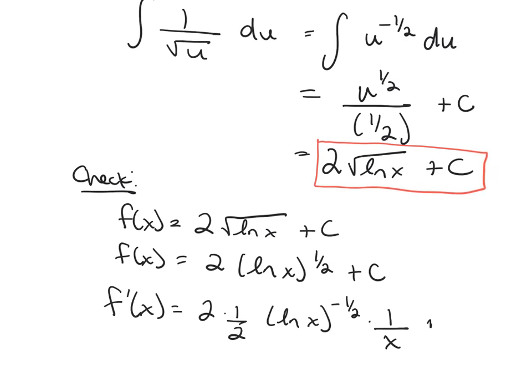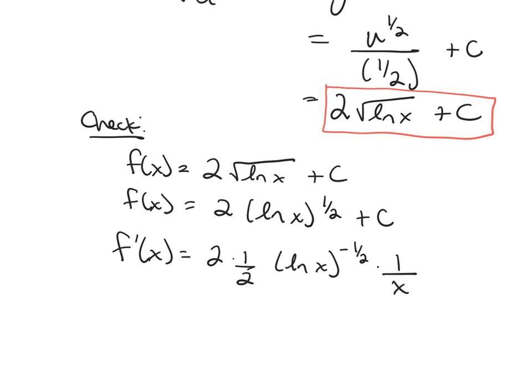And the derivative of a constant is 0, so we don't have to worry about that. And then you simplify this, and you should get exactly what you told me. So the 2's will cancel. I get 1 over x square root ln x, okay? Which is exactly what I had in my integral to begin with, okay?